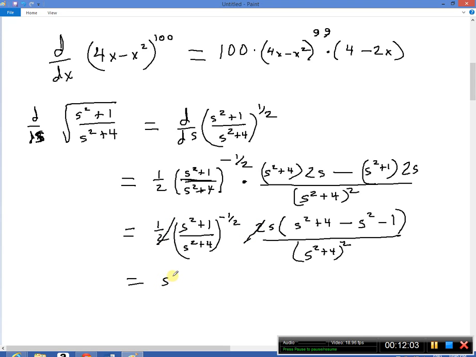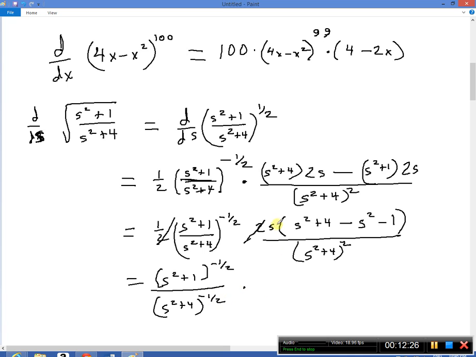So we've got S squared plus 1. You know, I'm seeing these S squared plus 4s here and here. I think I'm going to write this S squared plus 1 to the minus 1/2 up here, divided by S squared plus 4 to the minus 1/2.